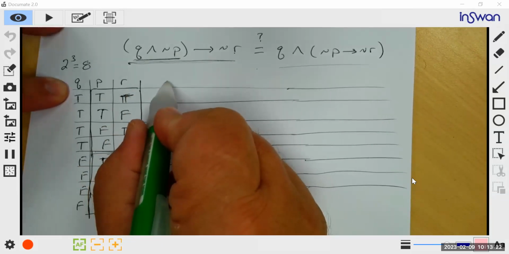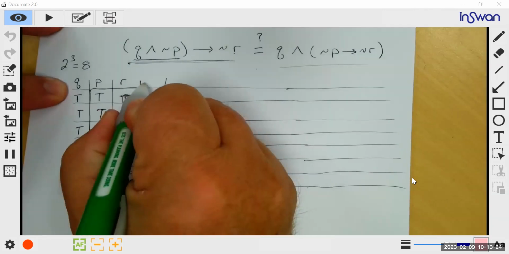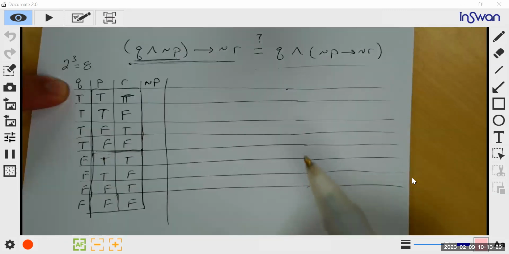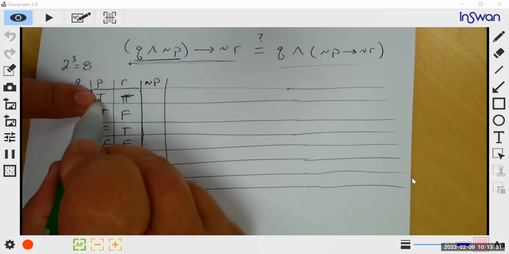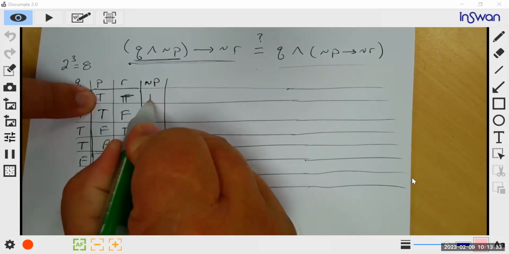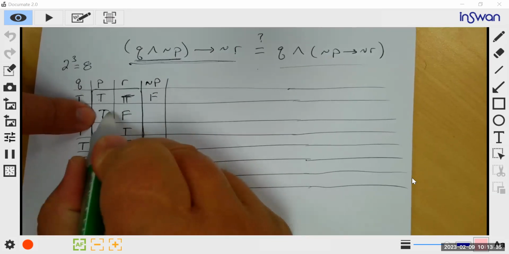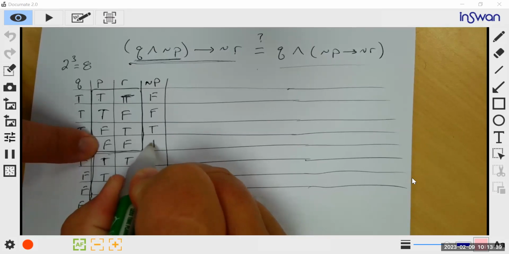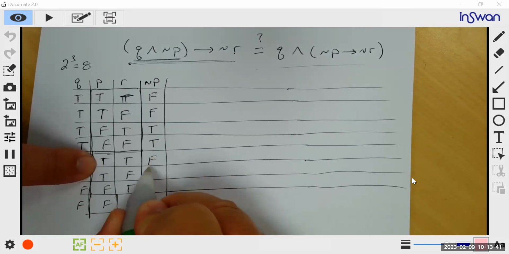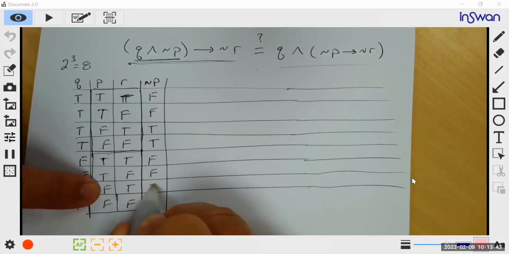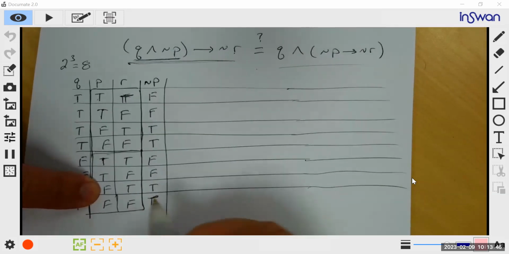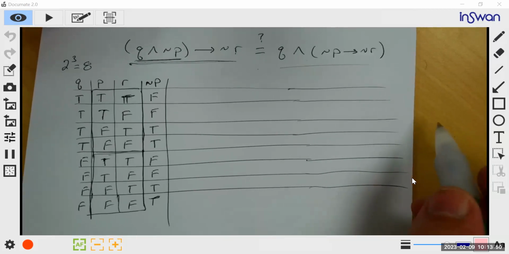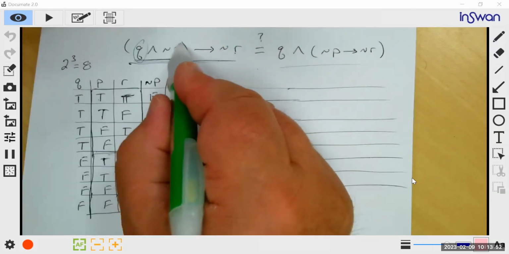No, we have to build a not P. You have to build what you don't have. So P is true, not true would be false. Not false is true. Not true is false. False, true, true. So now I have both elements of this.